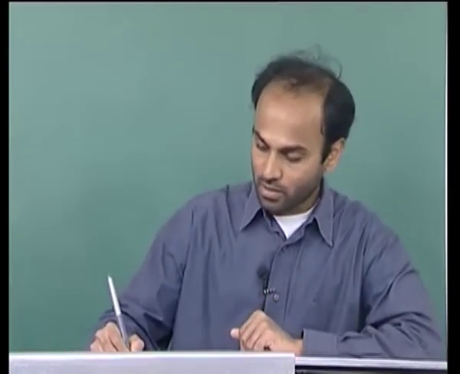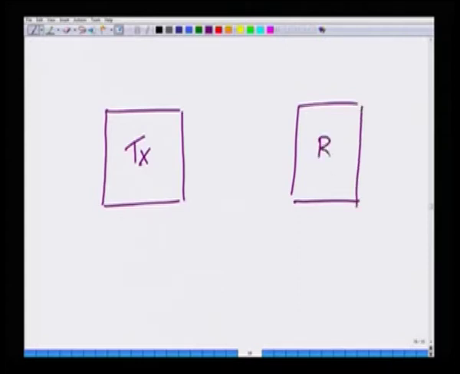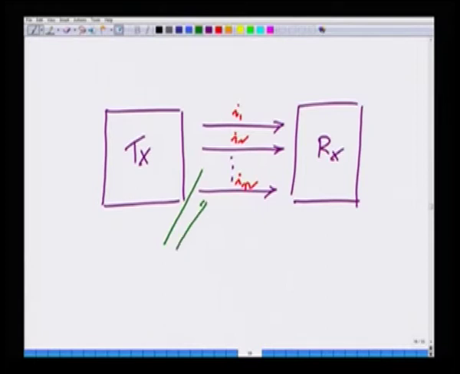So, to schematically describe spatial multiplexing, I have a transmitter, I have the receiver, and I am transmitting multiple information streams I1, I2 up to IN.